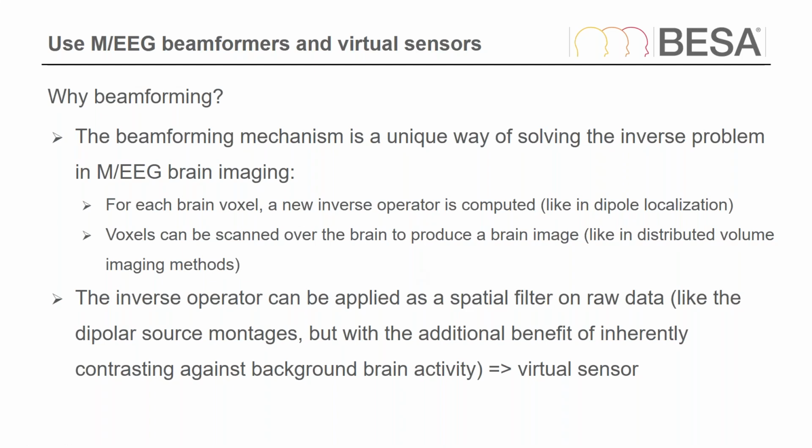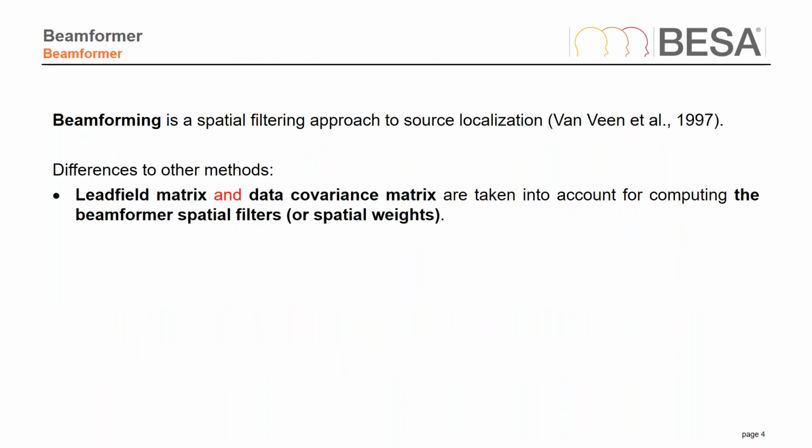And the inverse operator can be applied as a spatial filter on raw data, for example, like we do it in the dipolar source montages, but with the additional benefit of inherently contrasting against background brain activity. So this makes the beamformer voxel act like a virtual sensor.